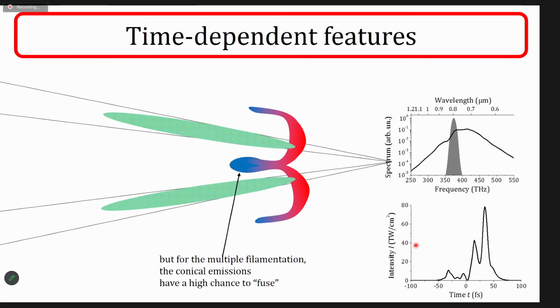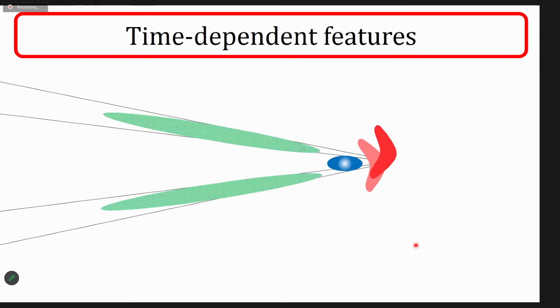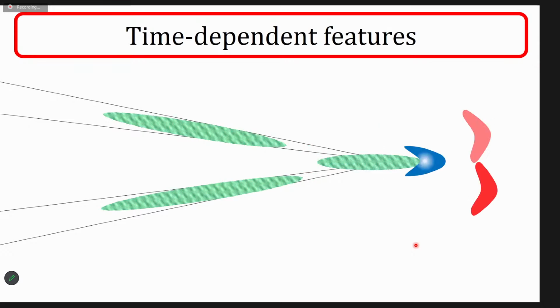And this thing is delayed in time. It's on the trailing edge of the initial pulses, and then it starts to propagate, and in the vicinity of the focus, it provides us with quite a strong plasma channel that is observed as a fused filament, maybe.